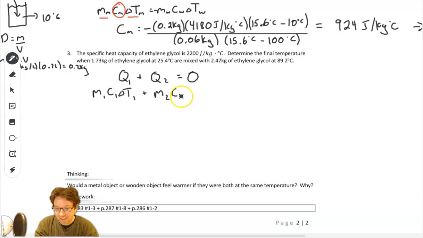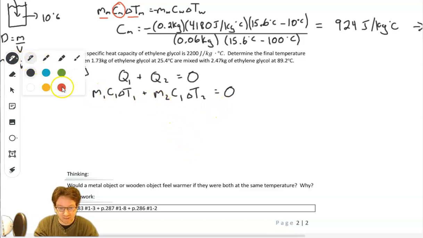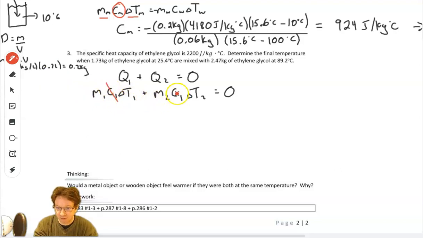Now I could label this as C2, but I'm just going to write C1 because it's the exact same substance. They're both ethylene glycol. If you're mixing one substance with a different substance, then you would have to properly say that's C2 because they're not the same. But their masses are different and the change in their temperatures are different. But in this question, since C1 is the same and we know it's not 0, we can divide every term by C1 and just get rid of it.